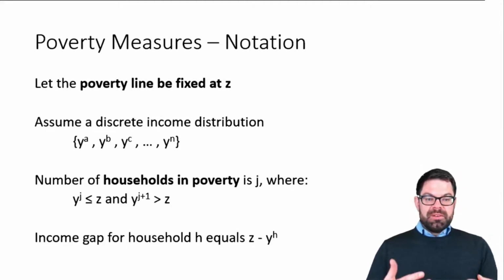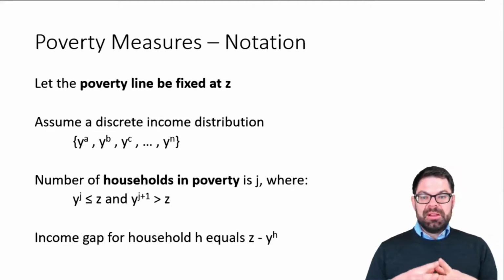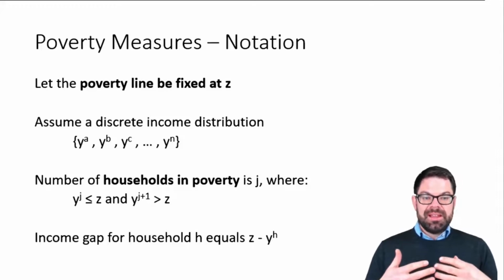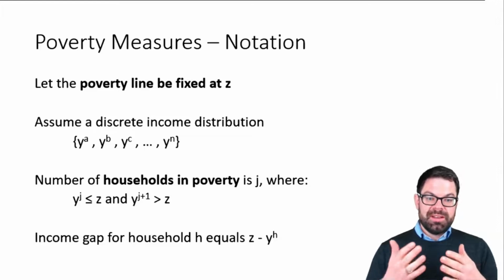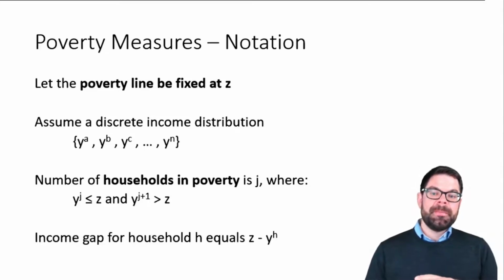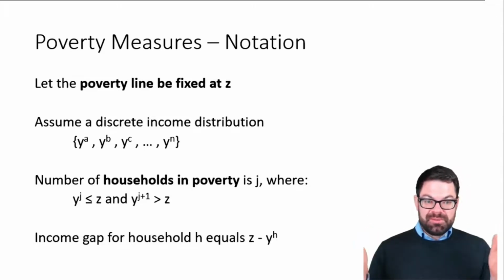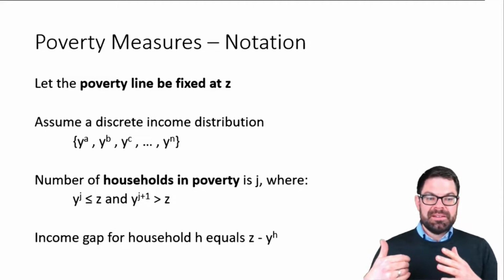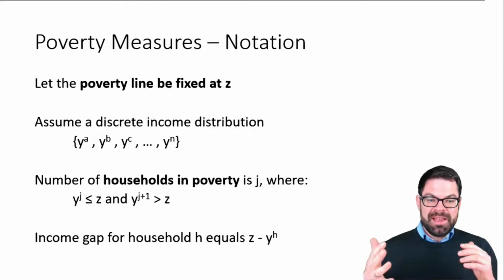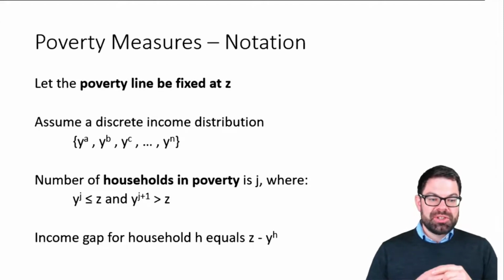So the way we construct poverty indices is as follows. We fix the poverty line at Z, which again is either an absolute income or an income relative to some benchmark. And we have a discrete income distribution, and we have J households that are below the poverty line, and then N minus J households who are actually above the poverty line.